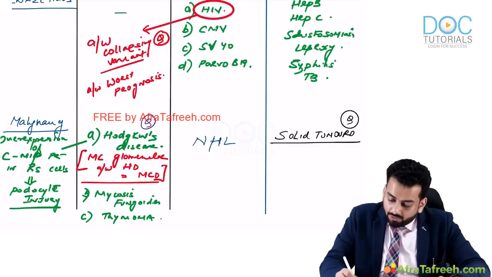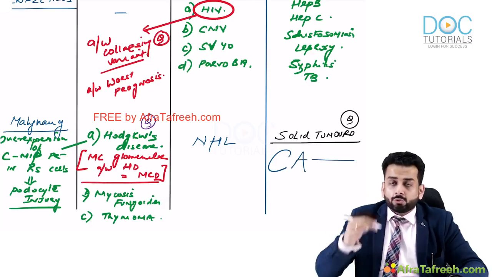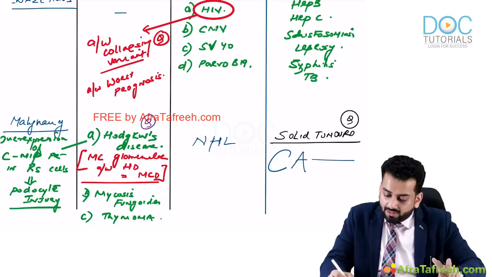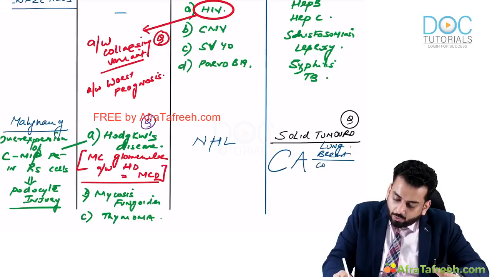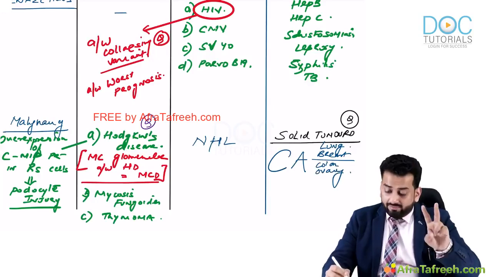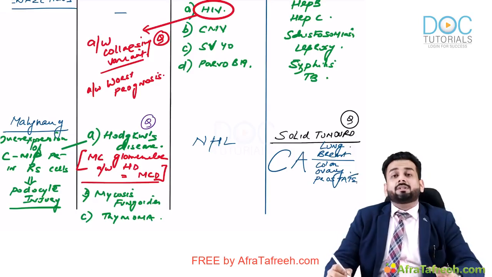And what are the cancers? Four very important: two supradiaphragmatic and two infradiaphragmatic. The two supradiaphragmatic are CA lung and CA breast. The infradiaphragmatic cancers are CA colon, CA ovary, and very important, CA prostate.